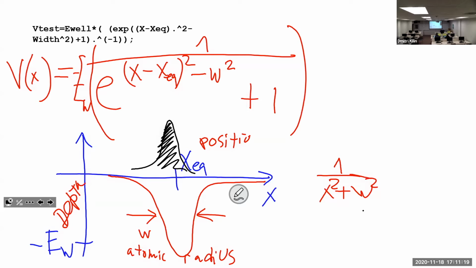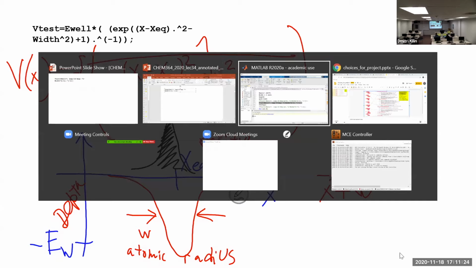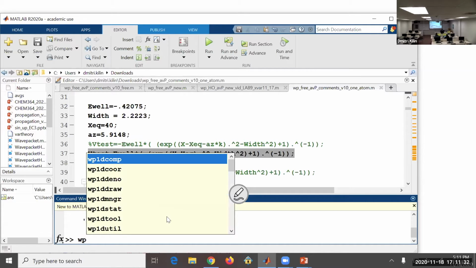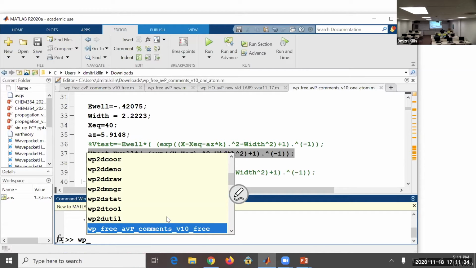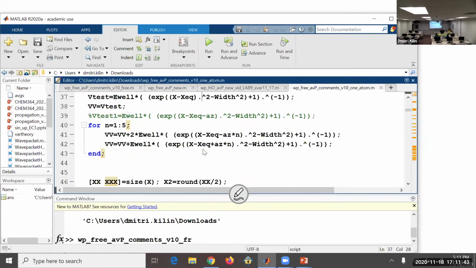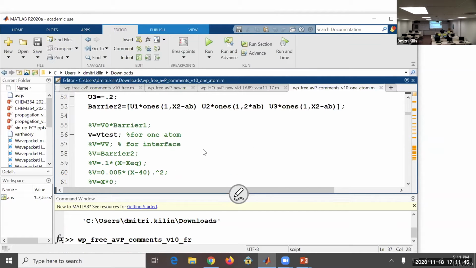So let's do this little experiment. I'm going to the method and just run this one.